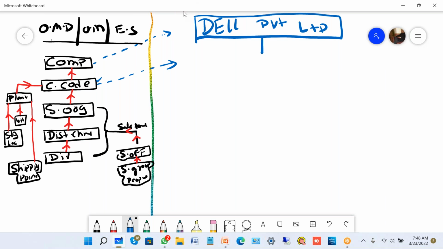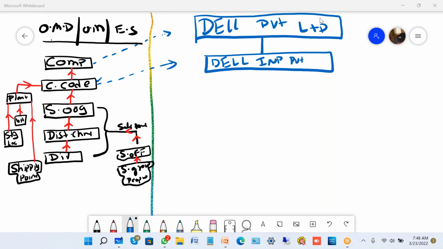So I take an example here, Dell India Private Limited. Right? Now in India, the sales operations, that means your sales locations.